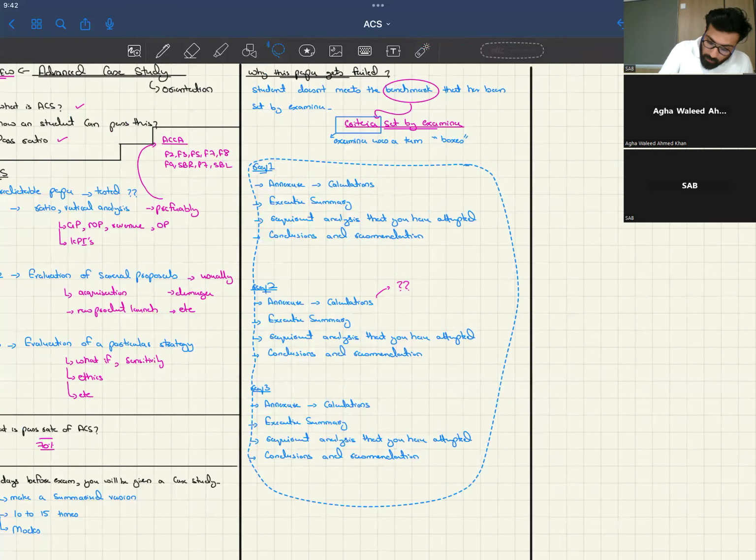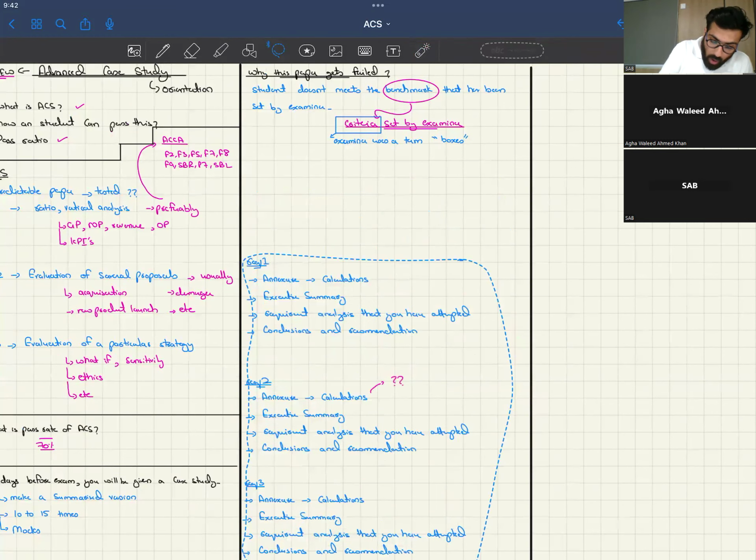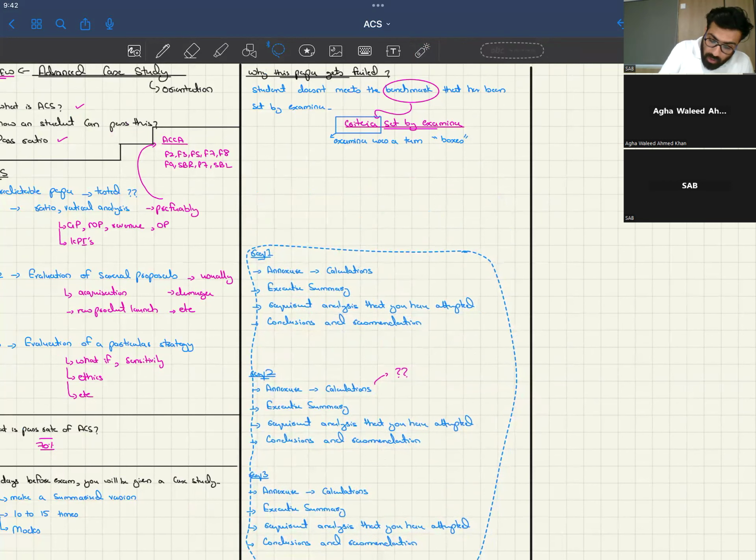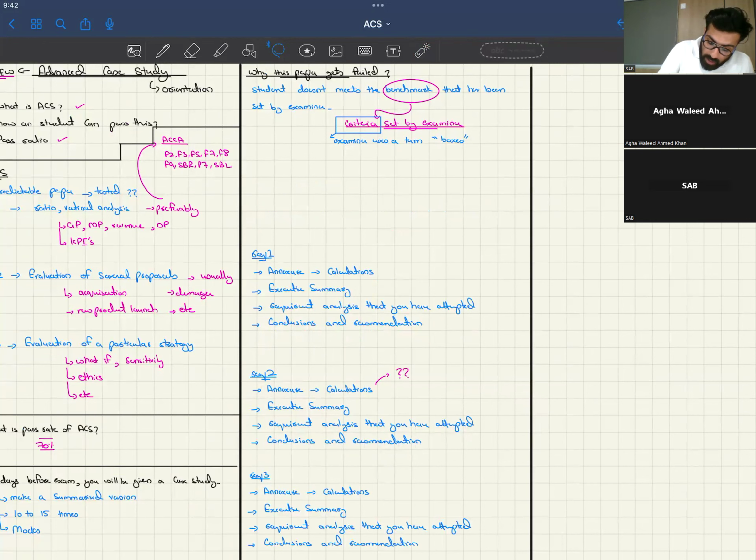See here that we have the requirements. Now once you have drafted the executive summaries, you have to consolidate them: the executive summary of requirement 1, similarly executive summary of requirement 2, executive summary of requirement 3.